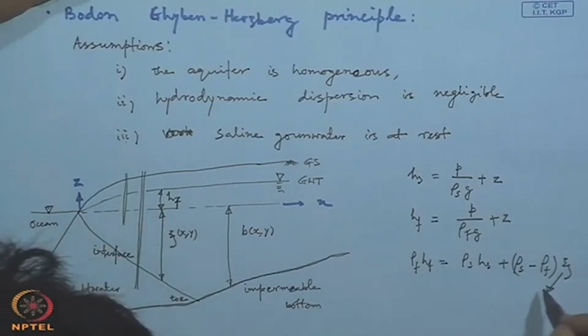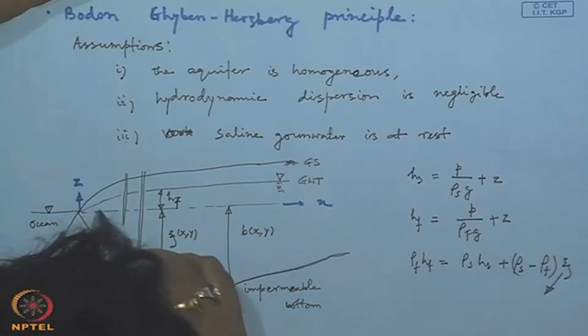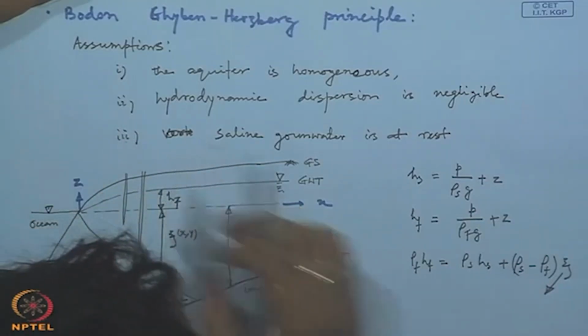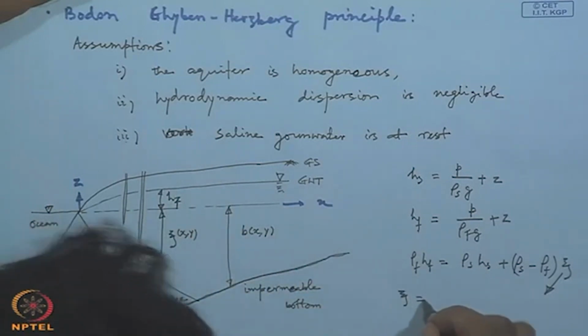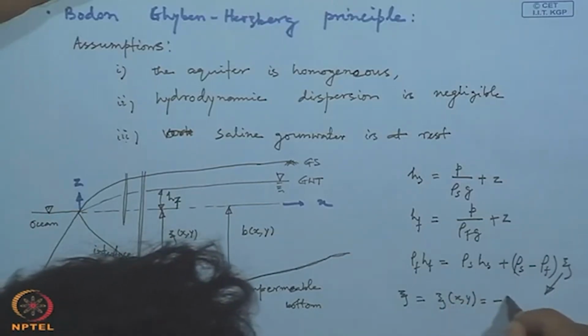This is calculated from the x axis, and this is the depth of this location. So, basically our function is minus z.